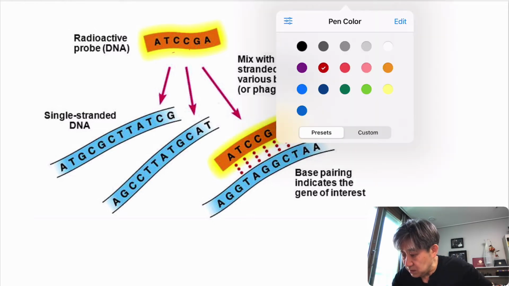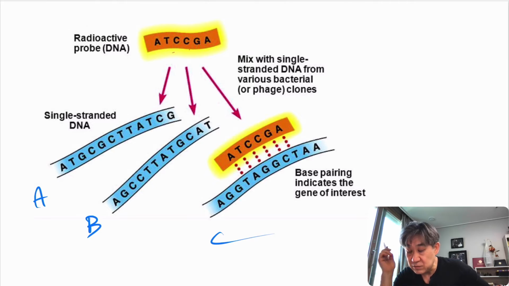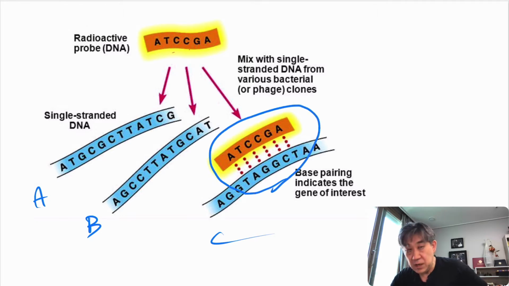So among these different DNA fragments in the original mixture of the DNA sample, let's say fragments A, B, C, the way you can assure that your target DNA is actually there, even though these DNA sequences may be very similar, is that the specific region that can form this complementary base pair is only present in sample C, so that the probe will interact only with sample C, and these two other irrelevant DNA fragments will not show any presence.